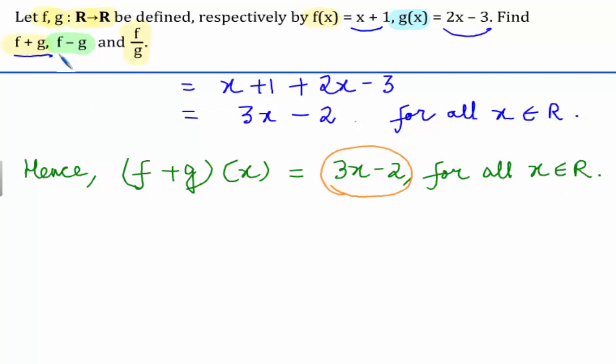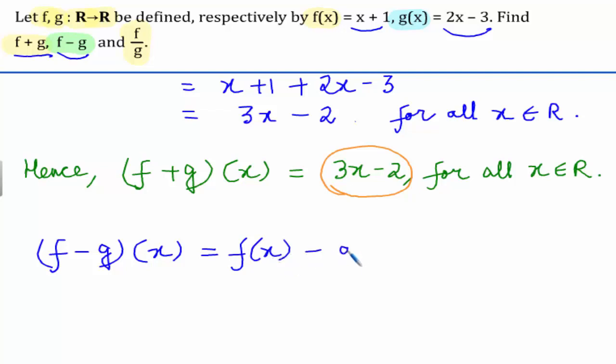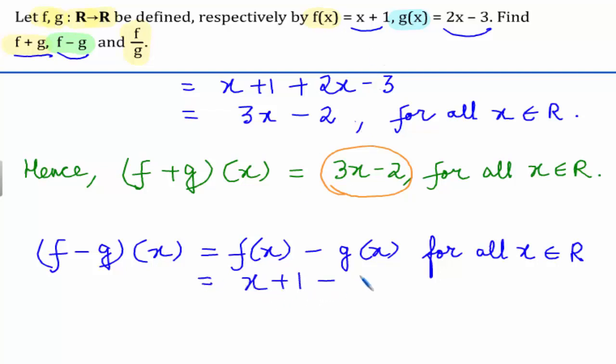Now let us find f minus g. Now f minus g of x is equal to f of x minus g of x for all x belongs to R. Now f of x is x plus 1 and g of x is 2x minus 3. So we get x minus 2x plus 1 plus 3.